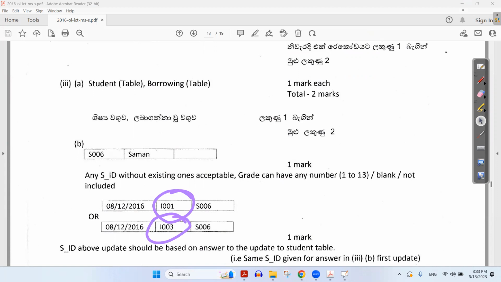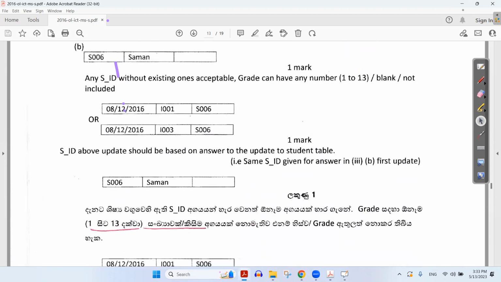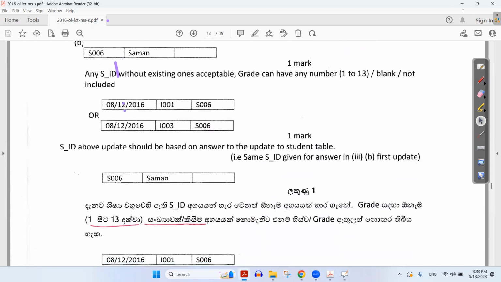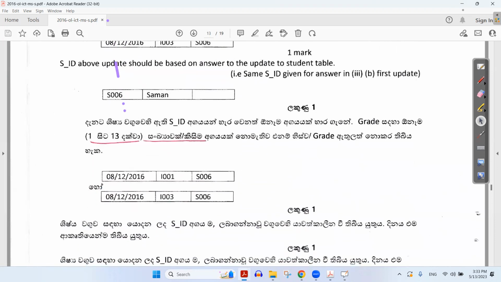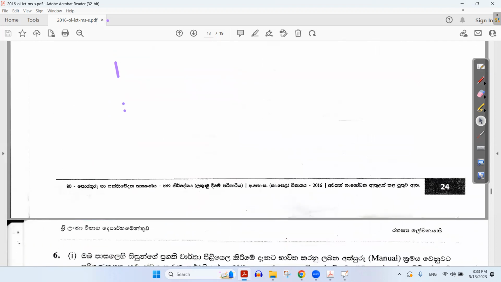You can't purchase both the things together. Right. So to do that, 1 mark, 1 mark, and 1 mark. Yes. So altogether 3 marks, isn't it?